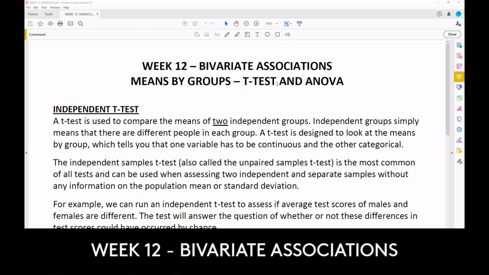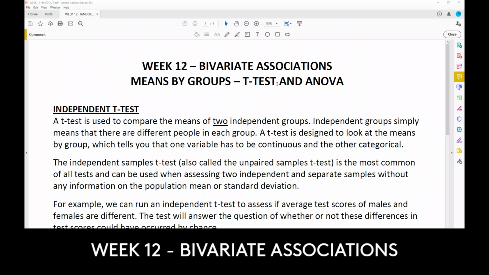Week 11, we covered cross tabulations and chi-square. Cross tabulations are used to assess categorical measures using contingency tables. And the chi-square value is the test that indicates whether or not the differences seen in the categories of those groups is statistically significant, meaning that those effects are not just occurring by chance.